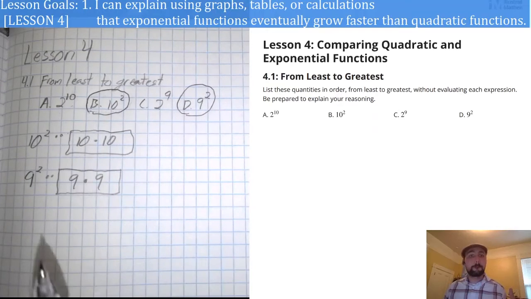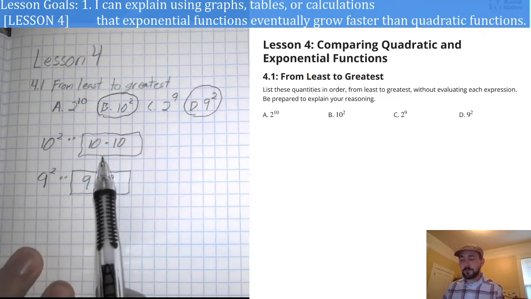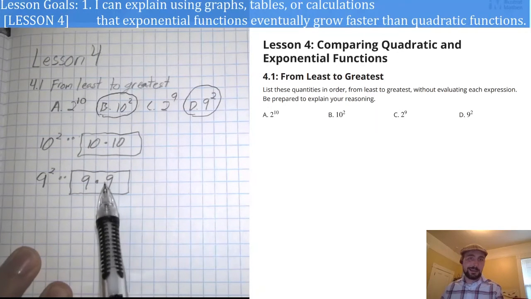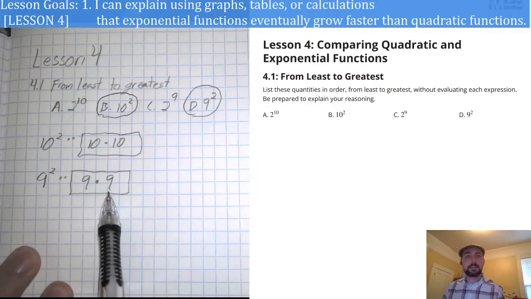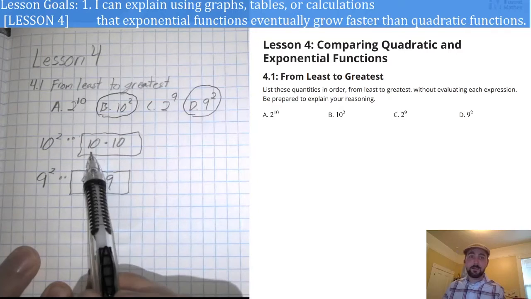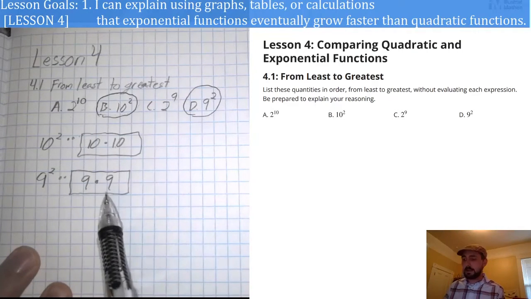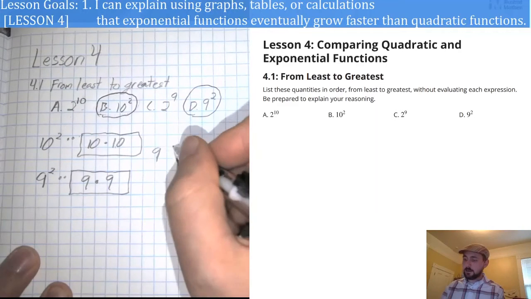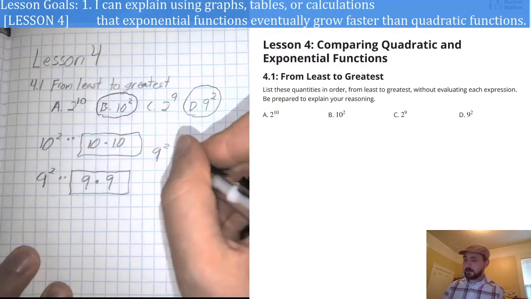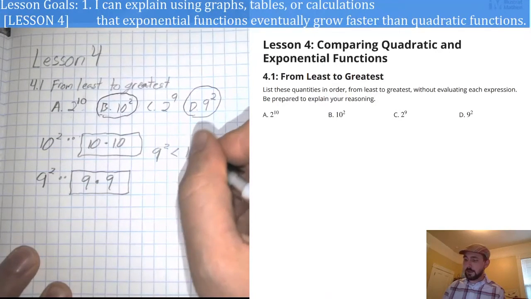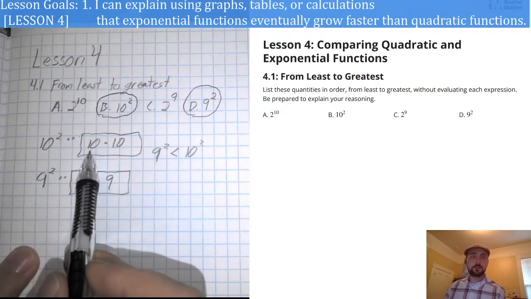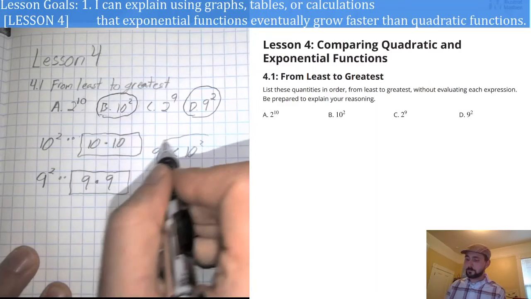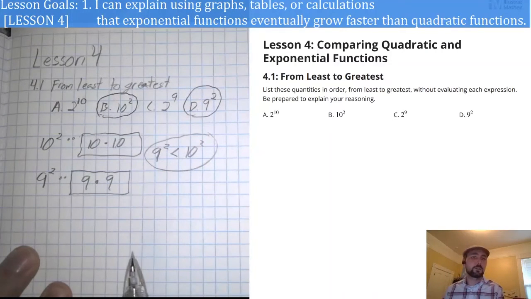But part of this activity is saying, I know which one of these is bigger just by looking at them, right? If I do 9 times 9 and compare it to 9 times 10, which is bigger, then I know that 9 squared is going to be smaller than 10 squared, because 2 10s is going to be bigger than 2 9s. And I don't need to know the totals to say that.